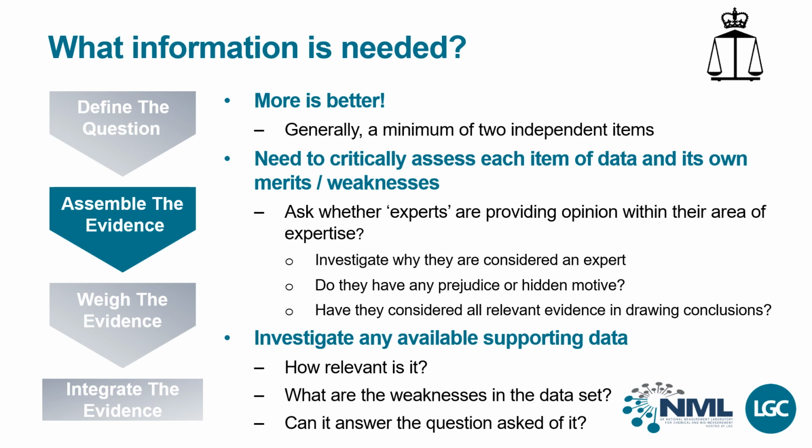Once the problem has been defined, the process of gathering evidence can be undertaken. It should be noted that with food authenticity issues, the issue will normally have arisen as the result of an adverse test report. This report will form part of the evidence. However, additional information should be sought to support or counter the initial findings.